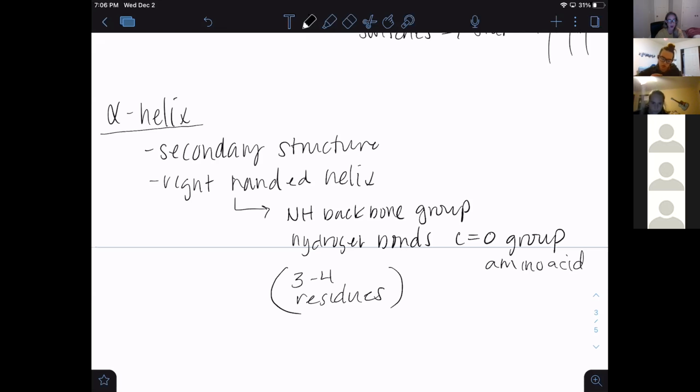Do we have anything on there that talks about an R group? If I remember correctly, I think it's just that the side chains typically point outwards. Yes, and in this he says they extend inward. So the big takeaway here, he's saying the R group of the amino acid extends inward toward the core of the helix. Is that true or false?